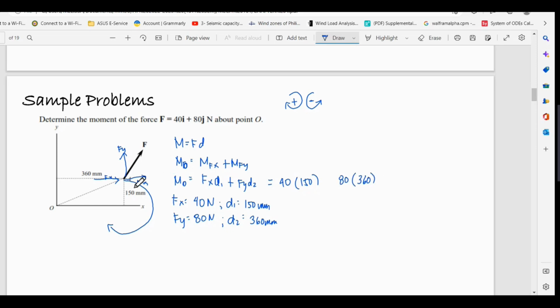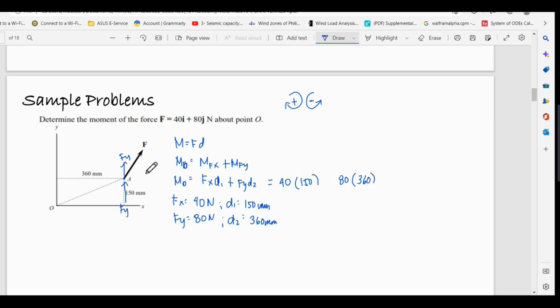So, paano nga yung magiging rotation naman ng ating Fy? Fy ito, di ba? Yan, yung Fy natin. Also, Fy din to, di ba? And then, imagine natin, stick ulit to. Stick, 360 mm length of stick. A-apply ngayon natin siya ng force Fy. So, babanggain ng force Fy natin yung end of 360 mm.